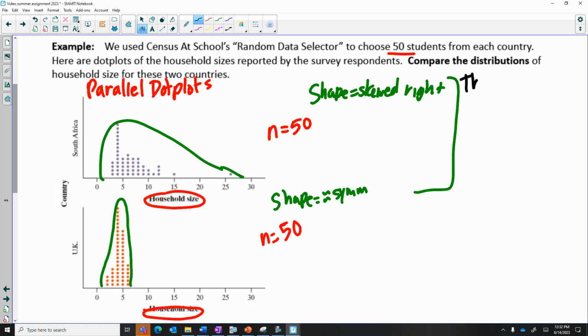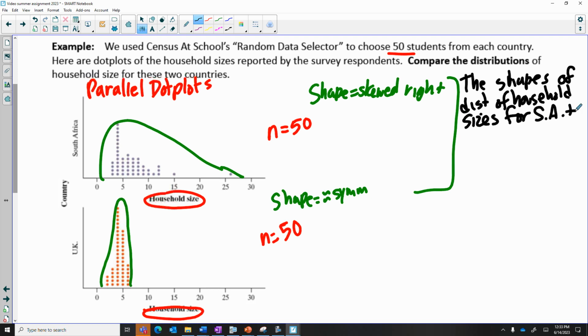The shape of the distributions of household sizes for South Africa and the UK are different.